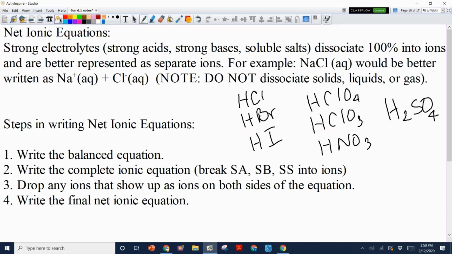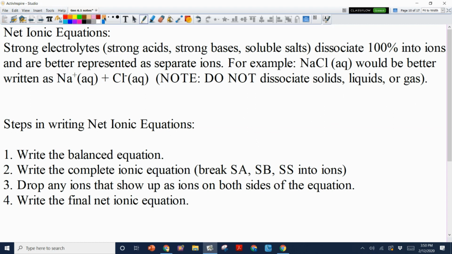All right, strong bases. Strong bases are anything that ends in OH, remember, is a base, so it's going to be all of your group 1 metals except for francium and hydrogen.